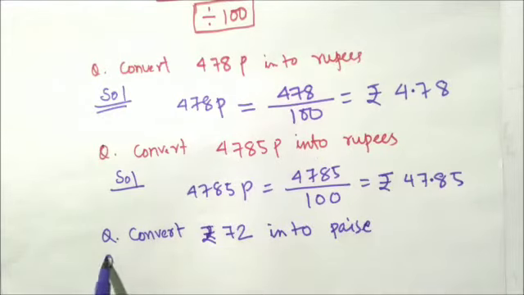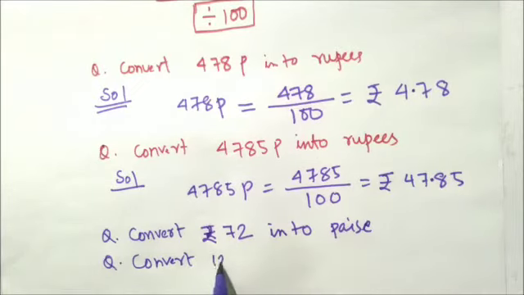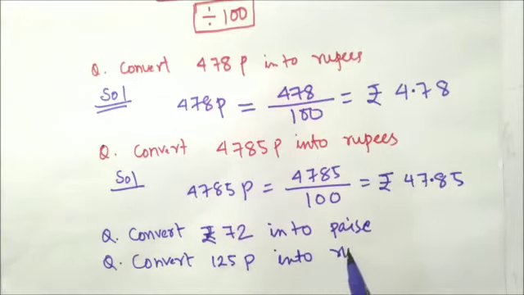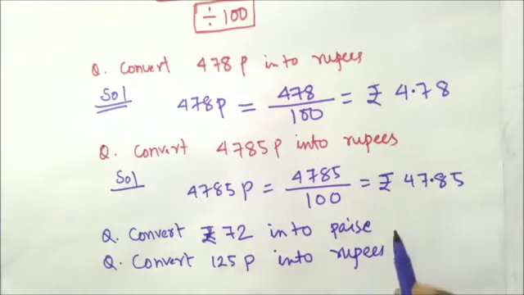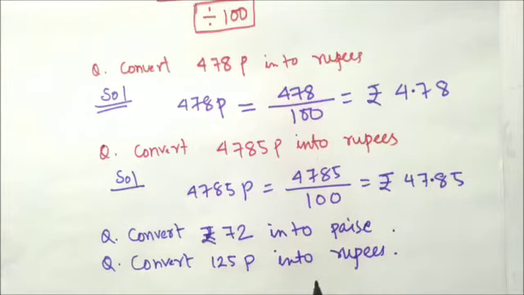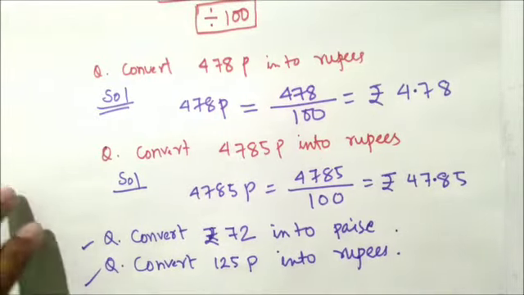And second question, convert 125 paisa into rupees. Okay, these two questions are given by me, and I want you to pause the video here and solve on your own in your copy. I hope you will do it. I believe that you have done the maths, and I also believe that you have got the right answer.